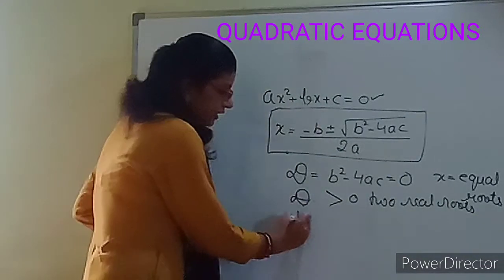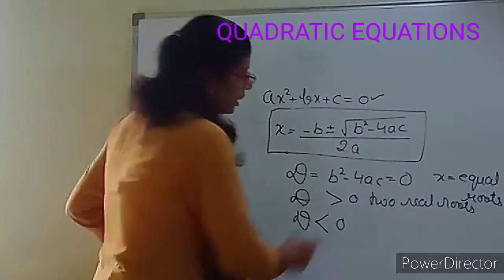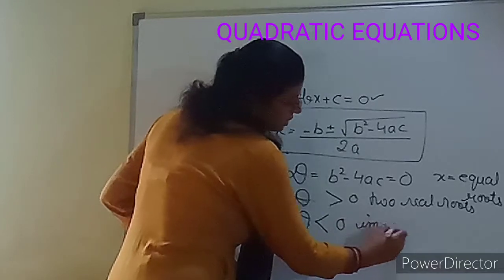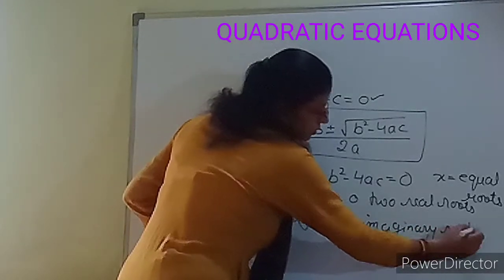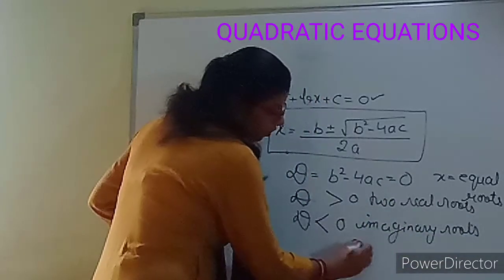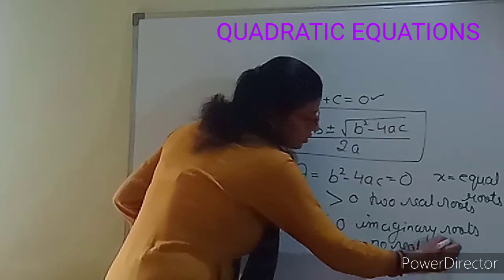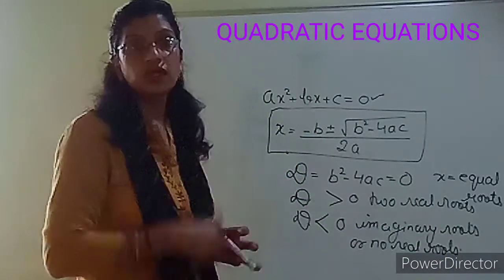And if we get the discriminant less than 0, that means a negative value, the quadratic equation will have imaginary roots. Imaginary roots means no real roots. So these are the basic things for the two exercises we are going to do.